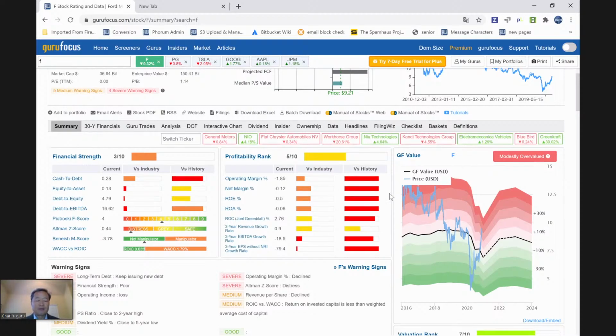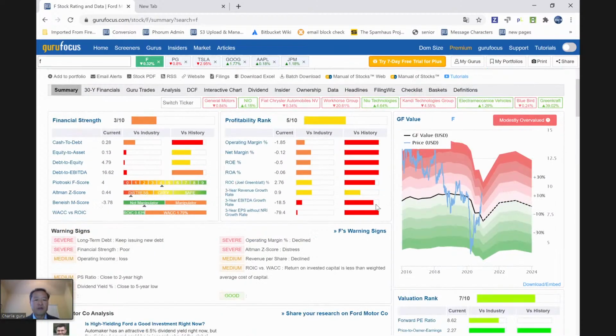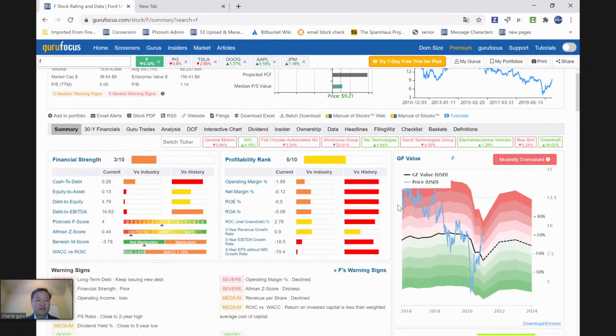Okay, and again, if you're not familiar with the summary page, I think it's the most important page for stocks. If you come to this page, you get an overview of the quality and the valuation of any stock, actually.